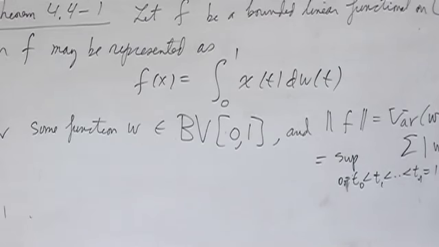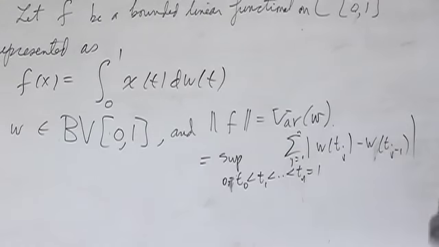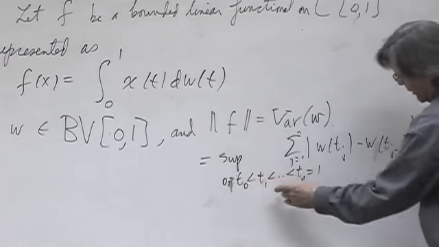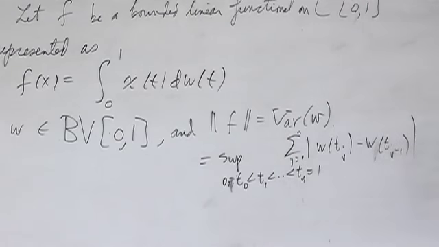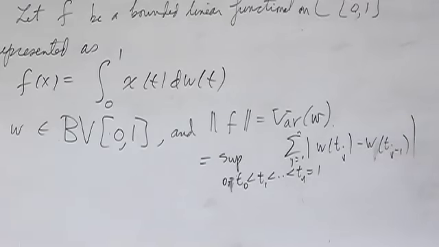That's what the variation is: the supremum of all the ups and downs that the function could make. It's the total variation because I can also talk about just the variation up to an arbitrary endpoint like t, and then obviously that variation increases. So you'll see this talked about as the total variation.